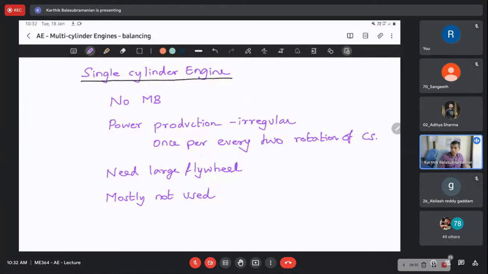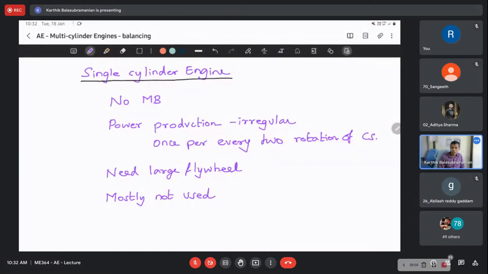So even there, you need a flywheel which is large comparatively. We are talking about comparative sizes. I think even two-wheelers are going for two-cylinder engines. If you look at some of the large CC two-wheelers, I think they use multi-cylinder engines as well.